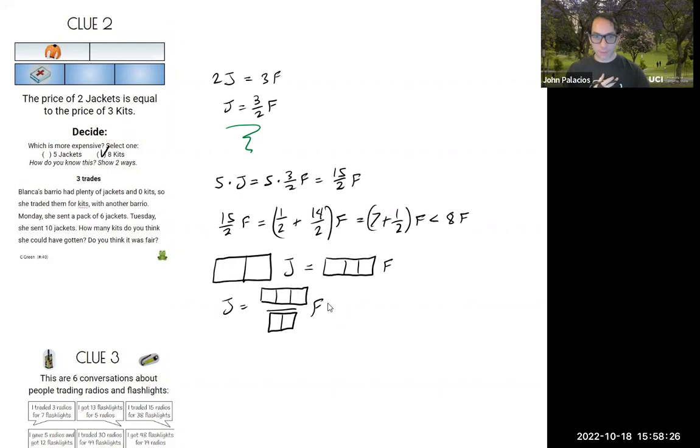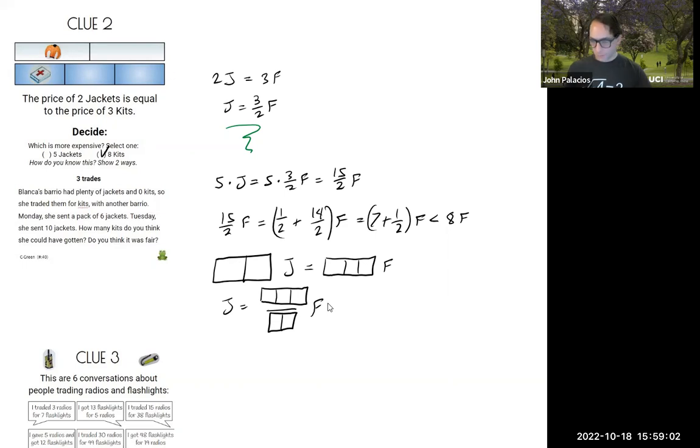This can be kind of difficult for students, so you might want to use things like saying 3/2 of F is equal to a jacket. And that's like 3 of something is equal to something else. That is a little bit easier for them to handle because now they're only dealing with numerators, and the denominator is just a unit that you're using.